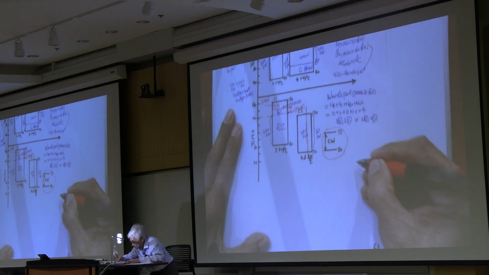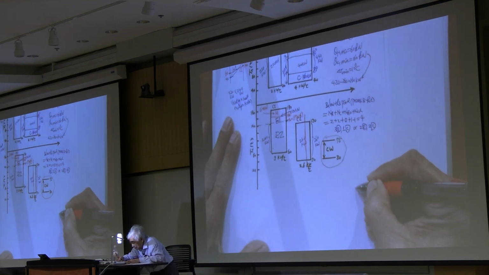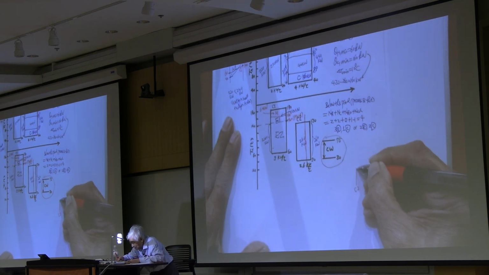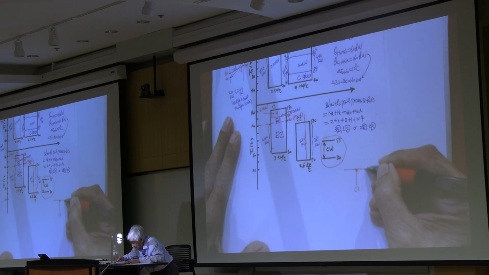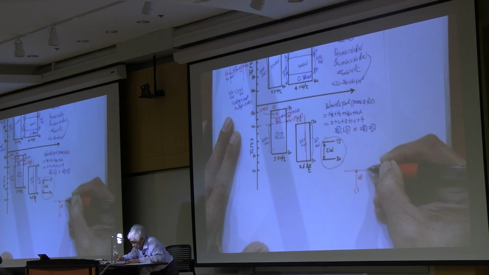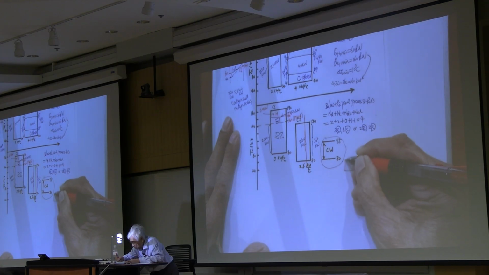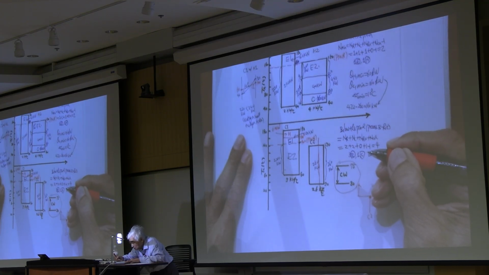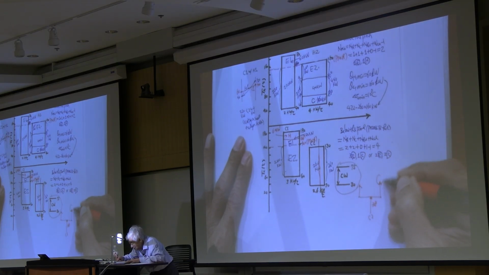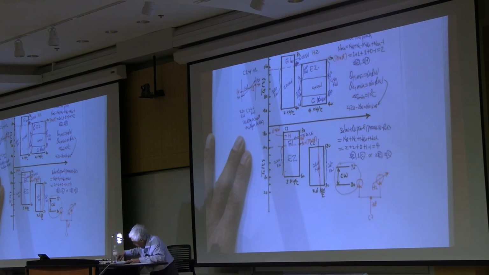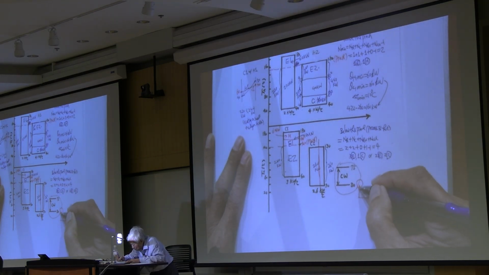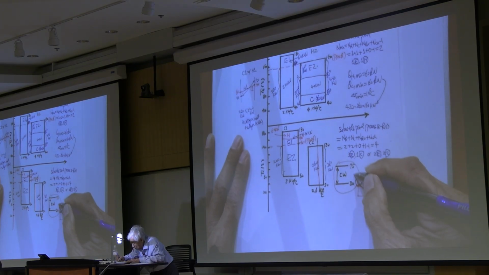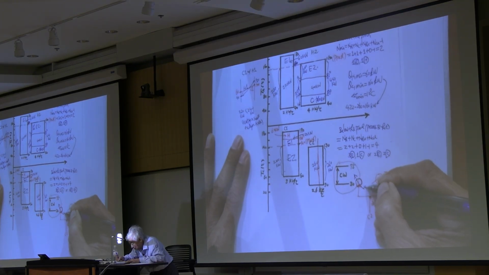What does that mean? You may have a C2 coming in, 30 degrees. You want to split it into two portions. Okay? One, you want to exchange with H2. The other, you want to exchange with H1.